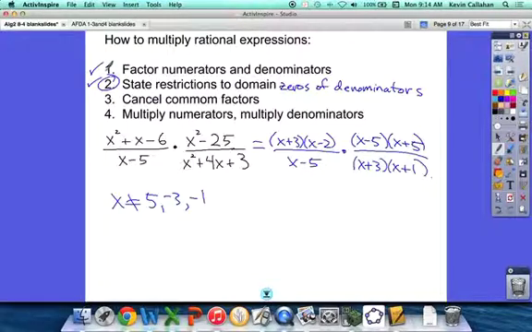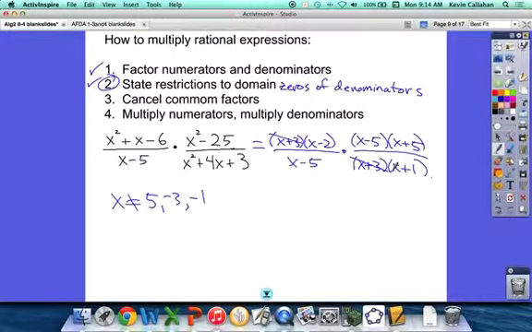Okay, now, so we did that. Cancel the common factors. And in this case, like I said, you can cancel these in between fractions. We don't have to run them all together into one fraction before we start to cancel them. So what are the common factors you see, numerators and denominators? X plus 3? X plus 3, cancel.